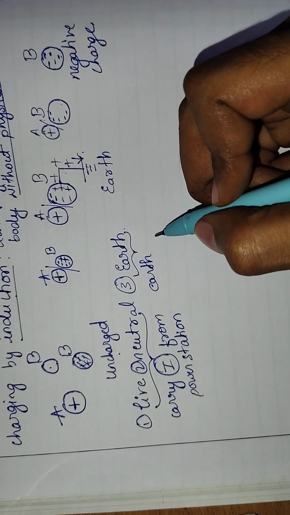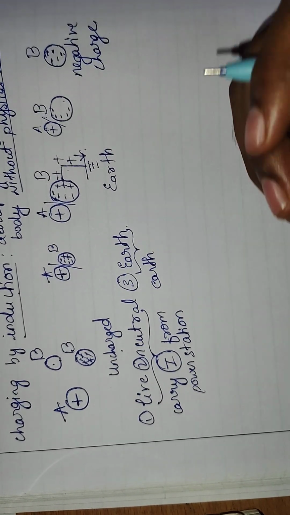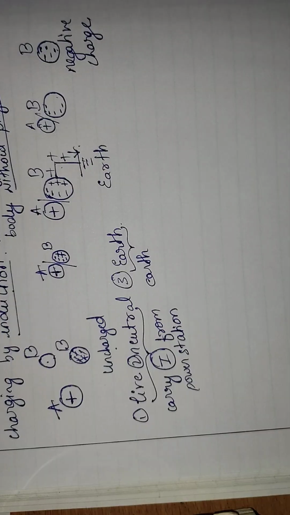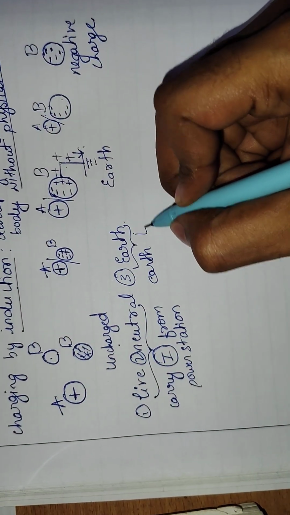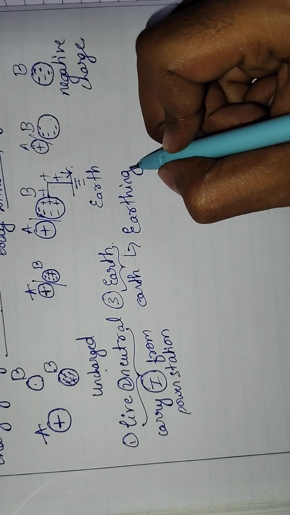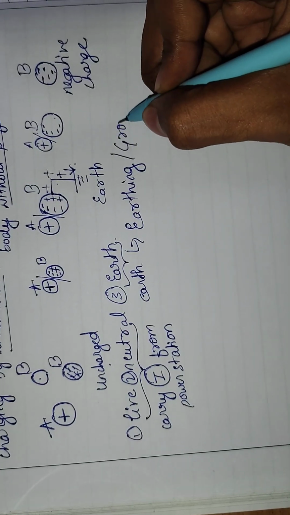In a sense, earth is a huge collector of electric charges. All buildings have an earth wire, so any excess charge is directly passed to the earth. This process of sharing charges with the earth is known as earthing or grounding.